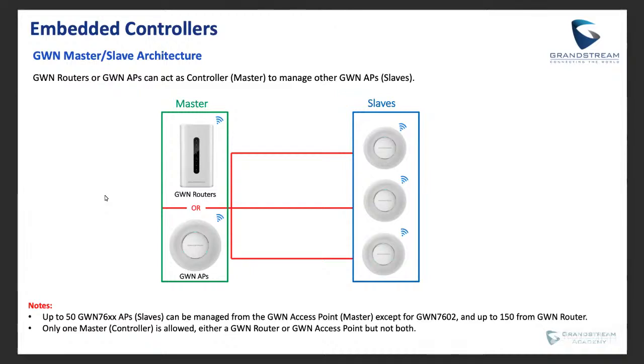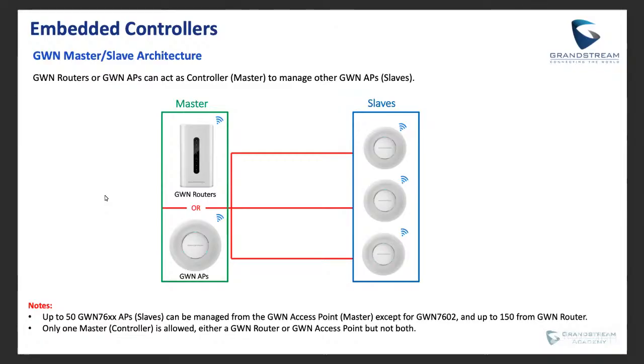When doing deployments of Grandstream devices, it's mostly based on a master-slave architecture where one device is a controller, a master, and the other devices, we can call them slaves, are managed by the master. So you can have up to 50 slaves on each master device.